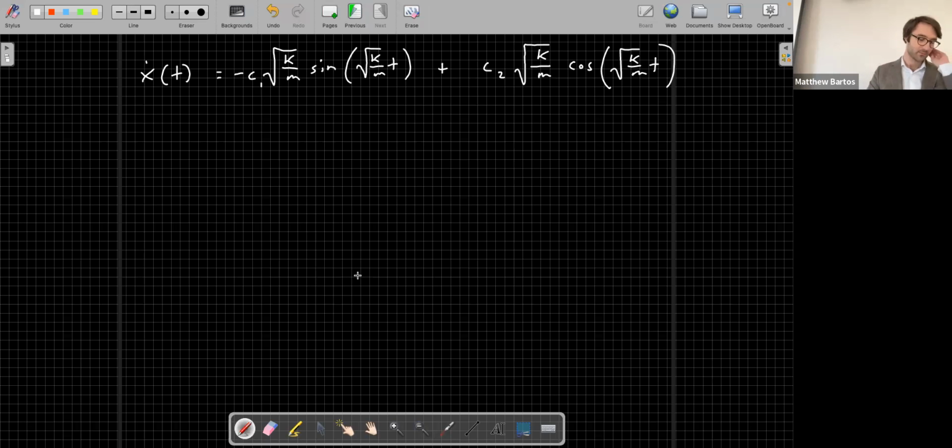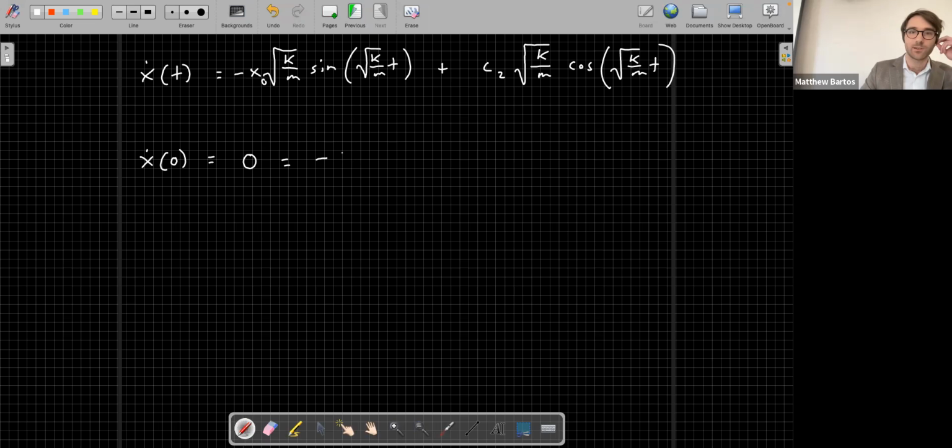Yes, I did. Okay. So now what we need to do is plug in our initial condition for the velocity at time 0. So this expression here is equal to x dot at time 0, which we know is equal to 0. It's equal to negative c1, which we know already is x naught.